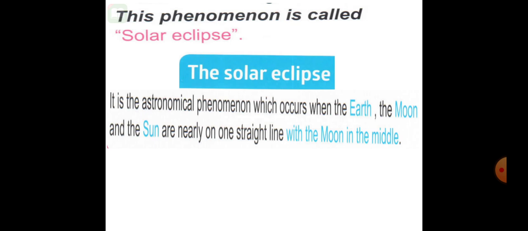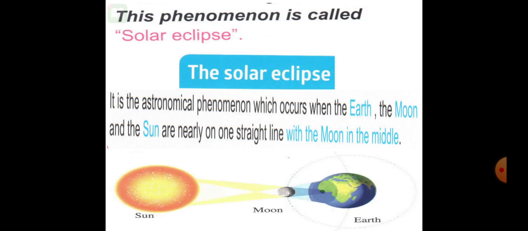And this happens when the Earth, moon, and sun are nearly on one straight line with the moon in the middle. If the moon, sun, and Earth are all on one straight line and the moon is in the middle, in this case a solar eclipse is happening.